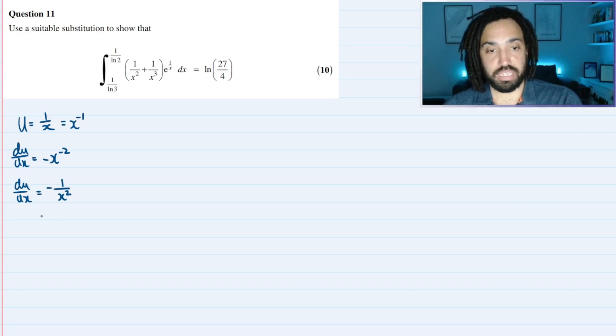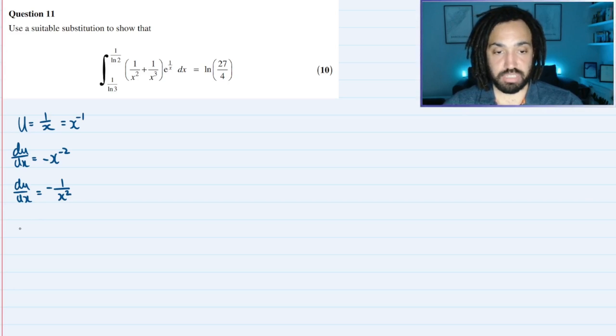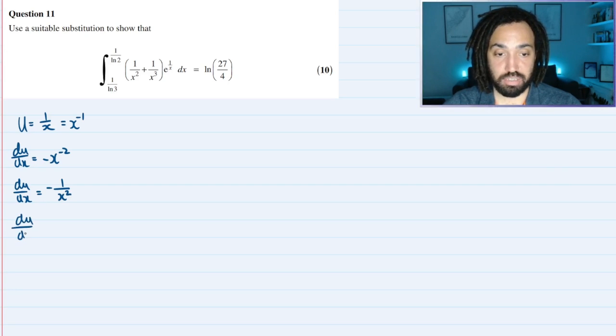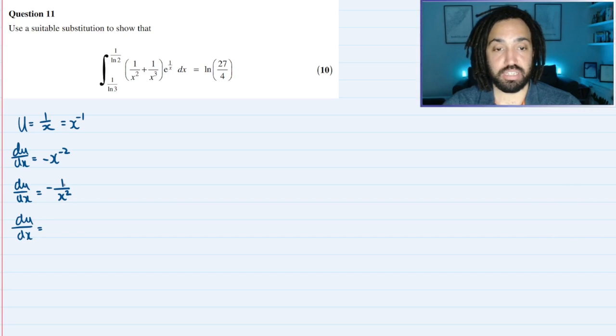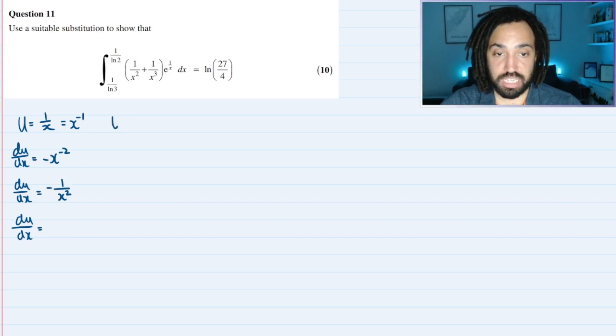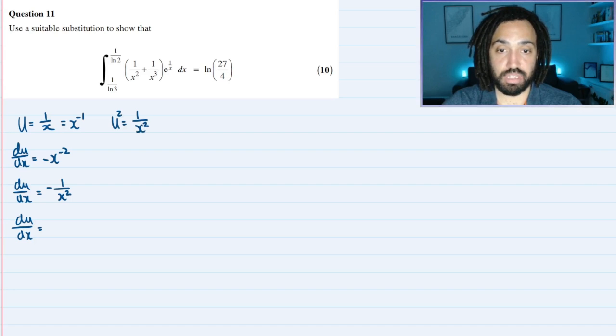We want to make dx the subject, and ideally we would like it in terms of just u, which we can do, because like I said before, if u is equal to 1 over x, then squaring both sides, u squared is 1 over x squared.